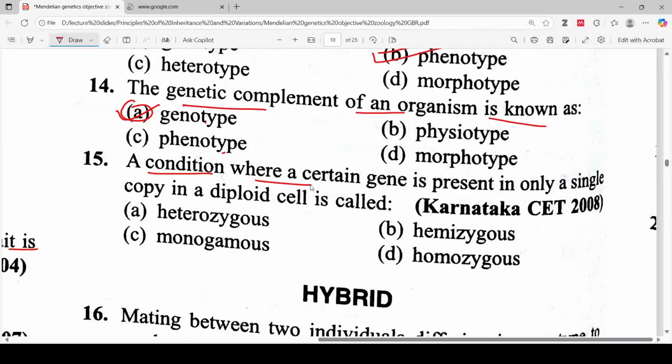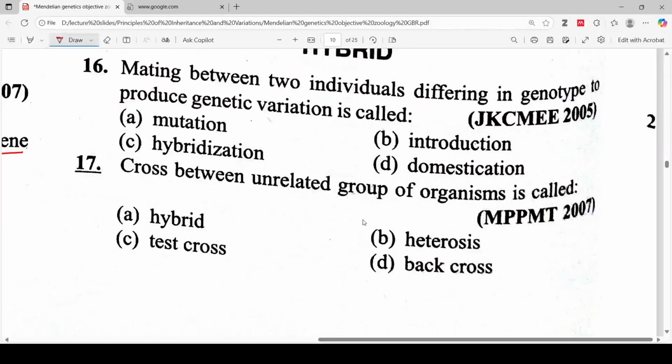A condition where a certain gene is present in only a single copy in a diploid cell is called, so the correct answer is option B, hemizygous. So next question, mating between two individuals differing in genotype to produce genetic variation is called mutation, hybridization, domestication, introduction.